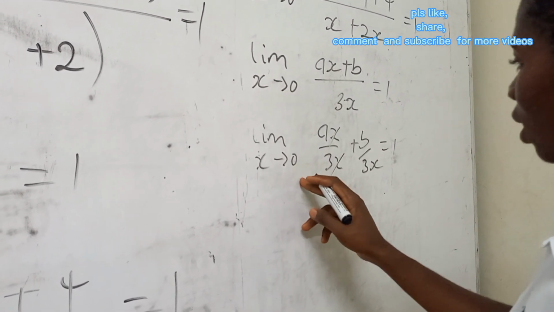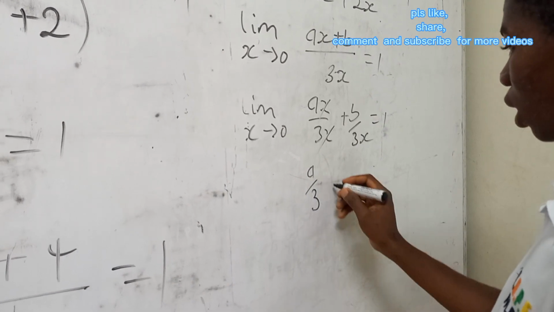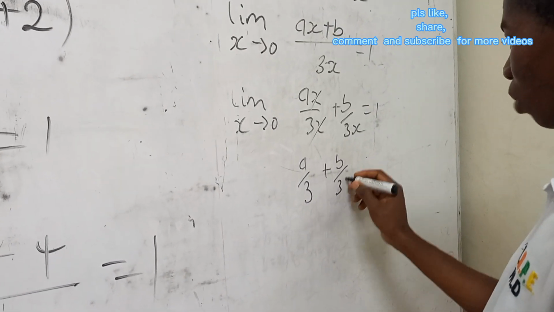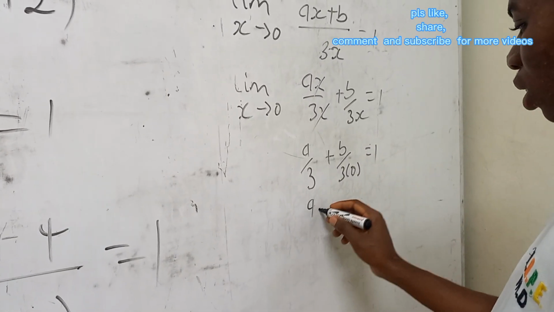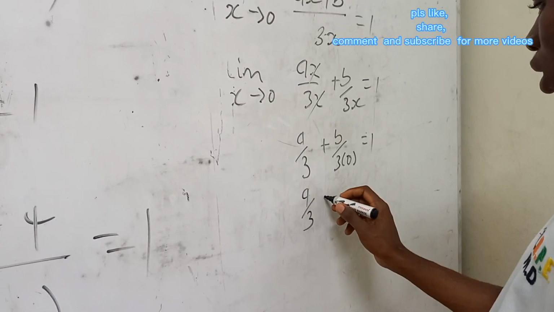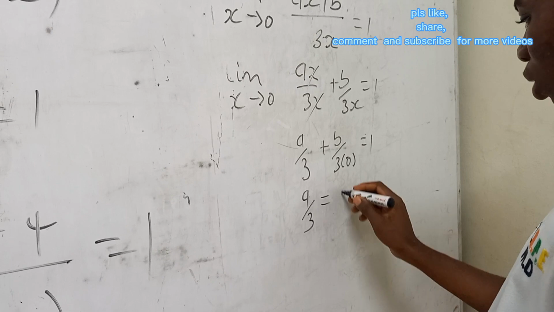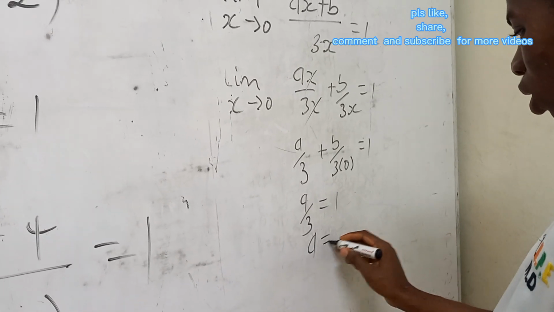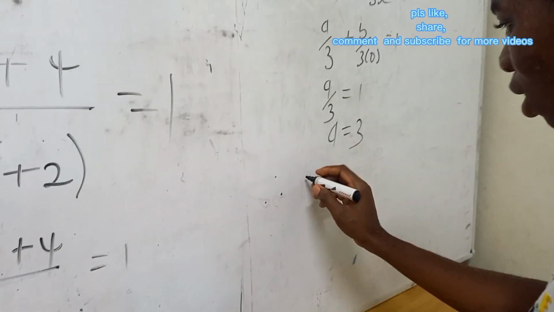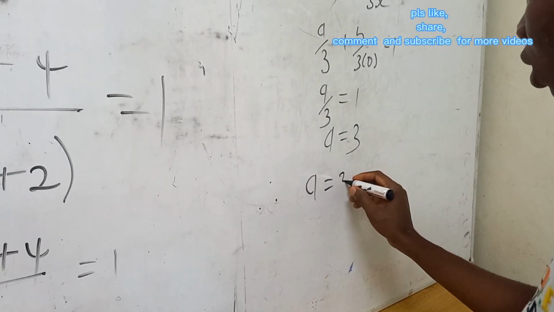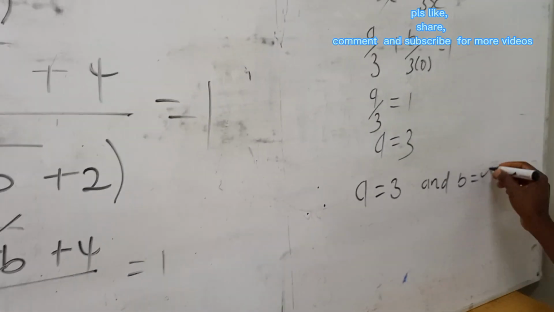So if you push x equals 0 in, we will have a divided by 3 plus b over 3 multiplied by 0, which is equal to 1. So you will be left with a over 3 plus this one will give us 0, so there's no need for us to write it, which is equal to 1. So a is equal to 3. Therefore we conclude that a is equal to 3 and b is equal to 4.